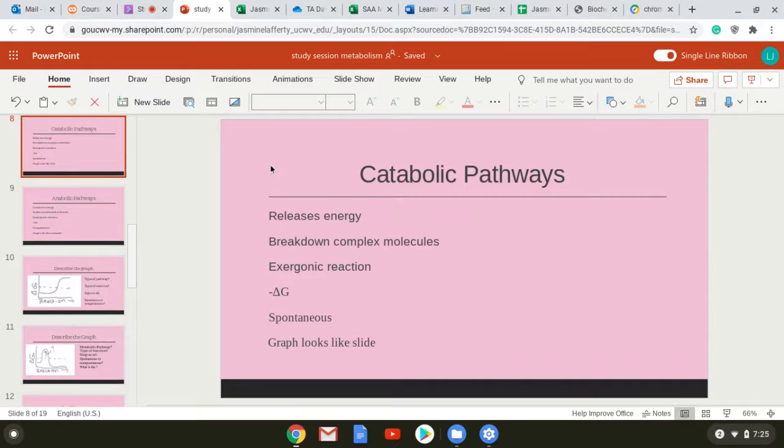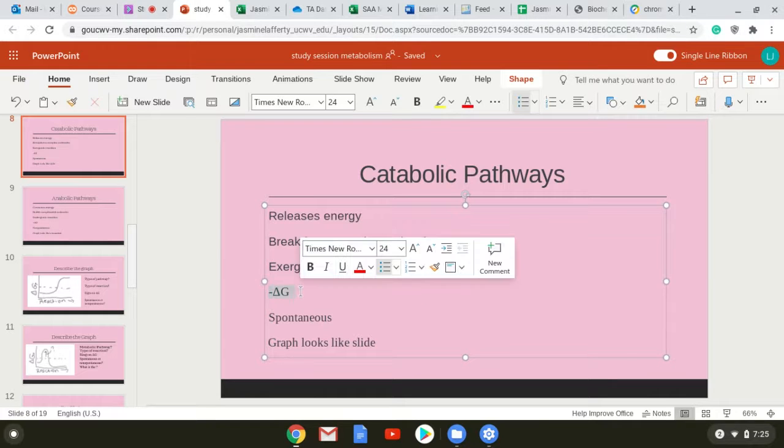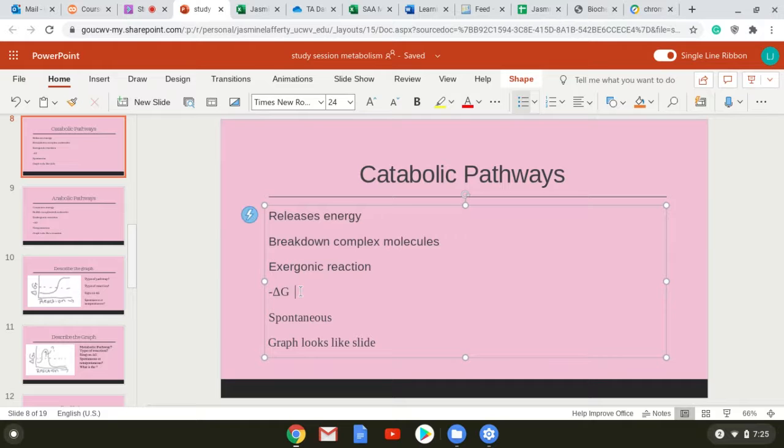All right, so the graph, remember, is a slide. Okay? All right, so the graph is a slide. So how you can remember delta G, I know in class you was talking about like the reactants minus the products.